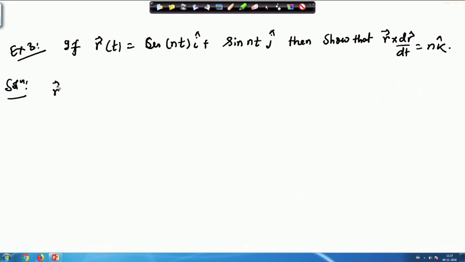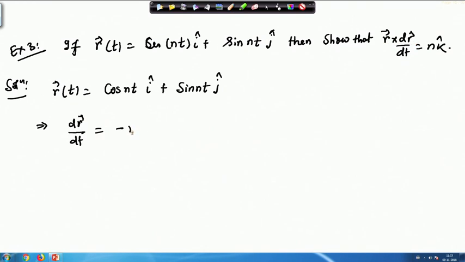So, here we have r(t) equals cos nt i plus sin nt j. From here we can calculate dr/dt because we need to take the cross product of r and dr/dt. So, here dr/dt would be minus n sin nt i, and this one is n cos nt j.